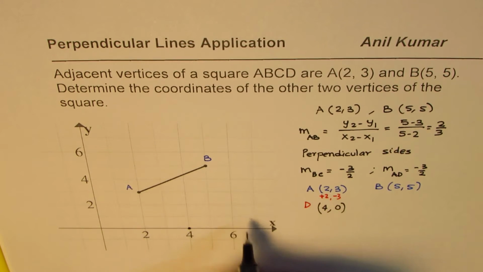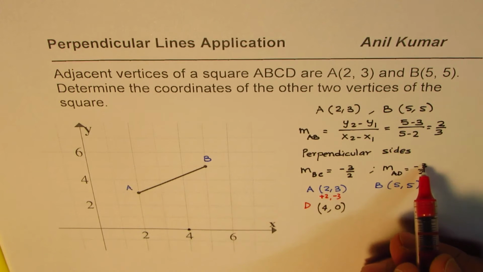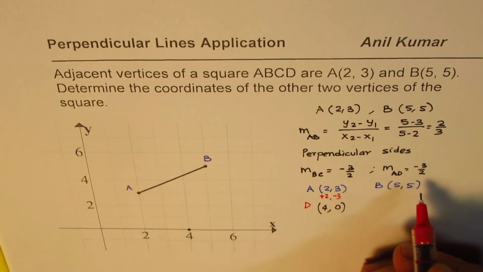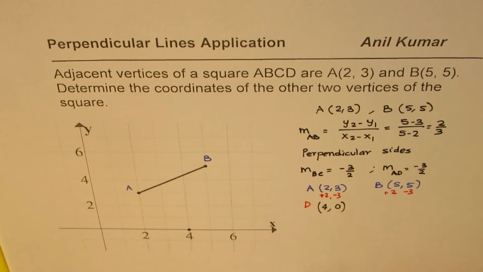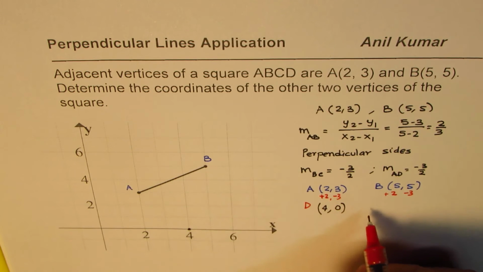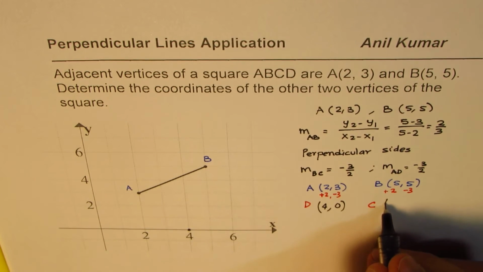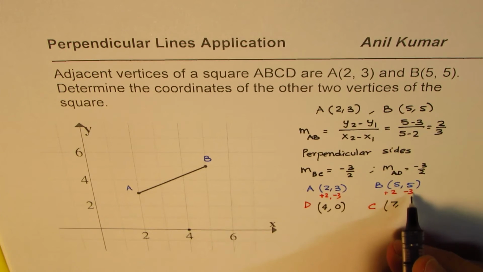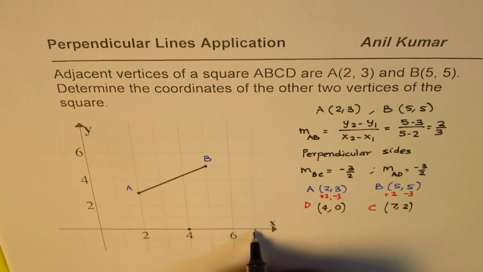Now to find the point C, we'll do the same thing. The slope should be minus 3 over 2. So from the y value, take away 3, and add 2 to the x value. So the coordinates for the point C should be 7 and 5 minus 3 is 2, so 7 and 2.